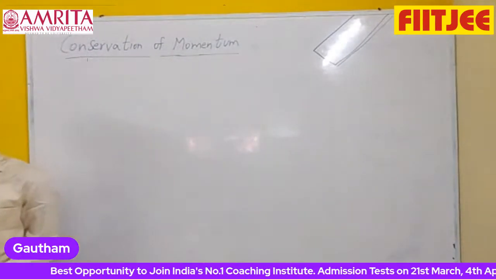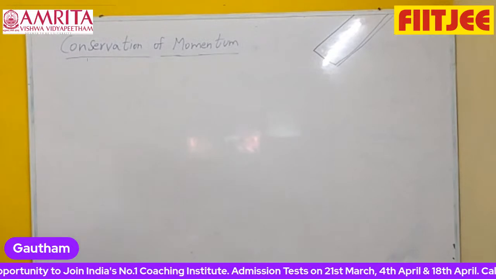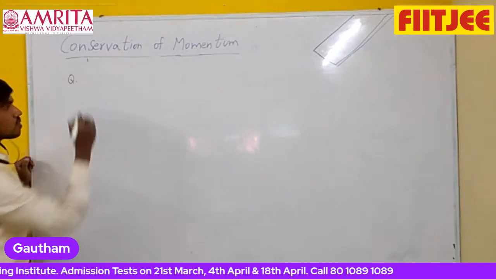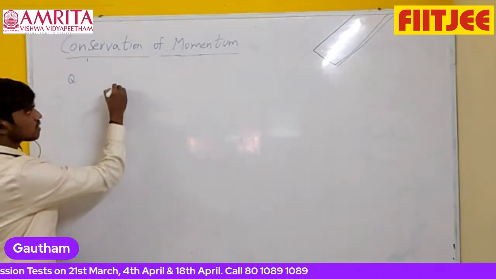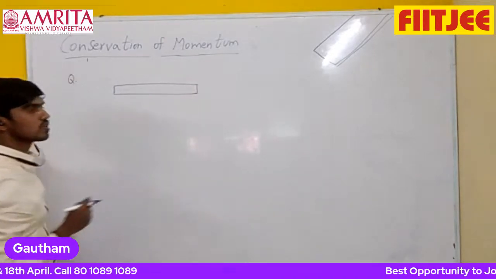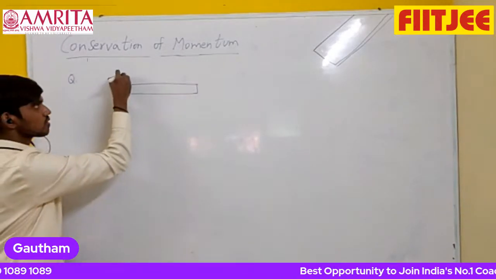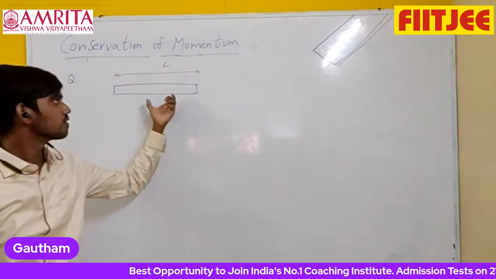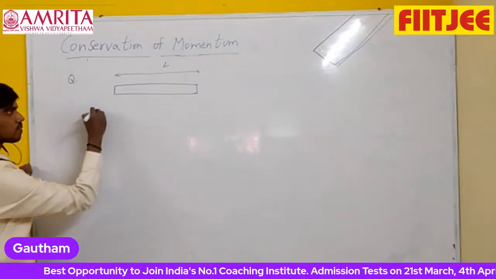Next, let us look at a continuous body. Sometimes, if you take a rod, they give a variable mass density. So a rod of length L has a variable mass density.